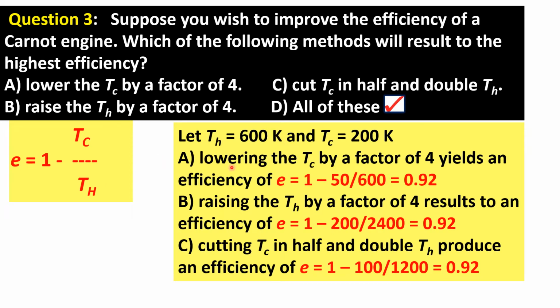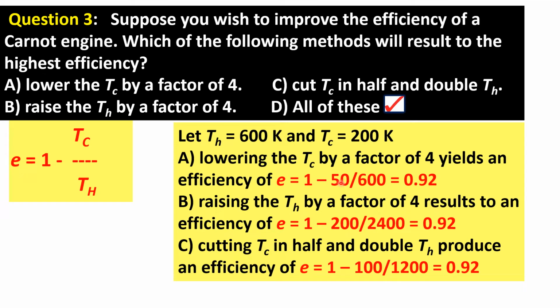All right, for letter A, if we lower the TC by a factor of 4, that means if the initial value of TC is 200 Kelvin, while the hot temperature is 600 Kelvin, when you lower it by a factor of 4, that simply means it becomes 50 Kelvin.